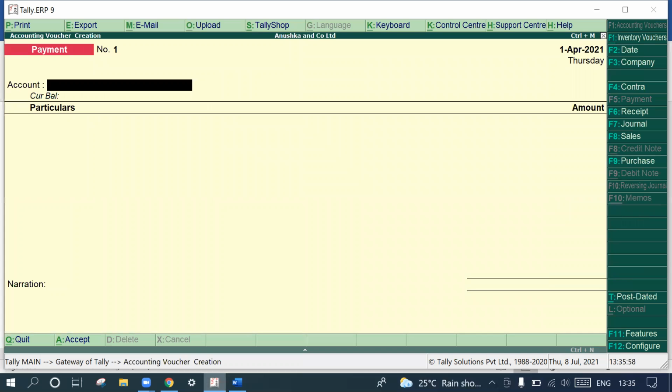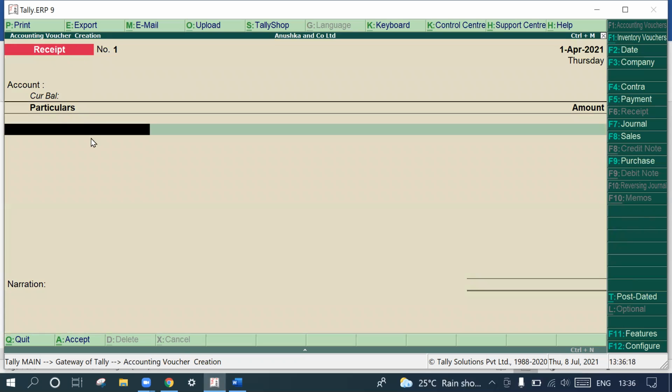The proprietor has brought the cash into the firm, so that is a cash receipt. So F6, not Alt F6, but F6.